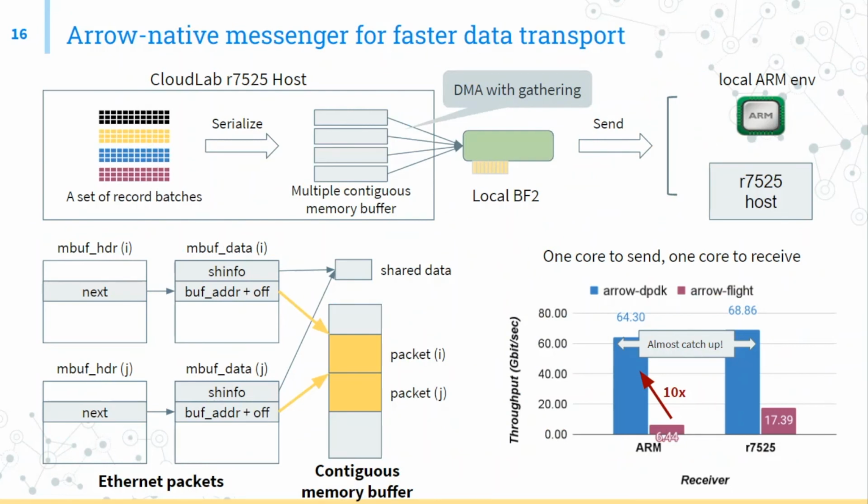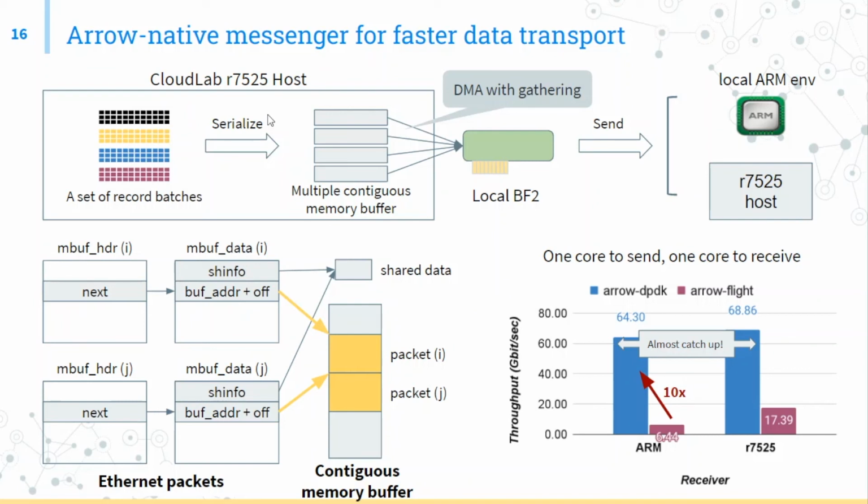To start with all these transformations, it is important to have an efficient way to pass Arrow record batches or a subset of a batch to and from the SmartNIC over the network. However, the only current solution in Arrow, called Arrow Flight, which is based on gRPC, does not perform well.